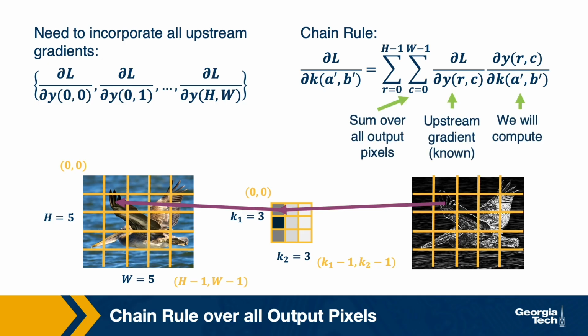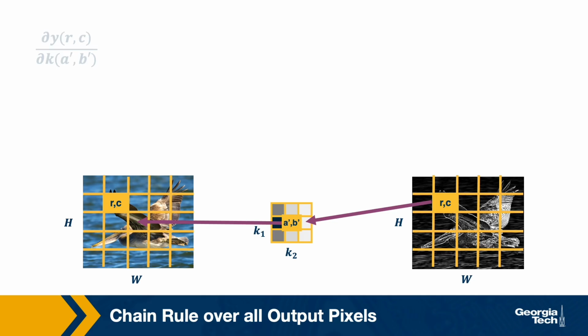And so again, what we're doing is summing over all output pixels and performing the chain rule locally within that. We're multiplying the upstream gradient, which is known, times some value that we need to compute. And so this is really the only term that we need to compute: the partial derivative of our output pixel, r comma c, with respect to our weight or kernel, a prime comma b prime. Now, what will this look like? You can do this actually visually or analytically. In this case, let's do it visually.